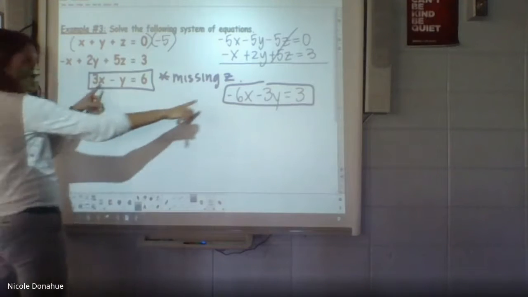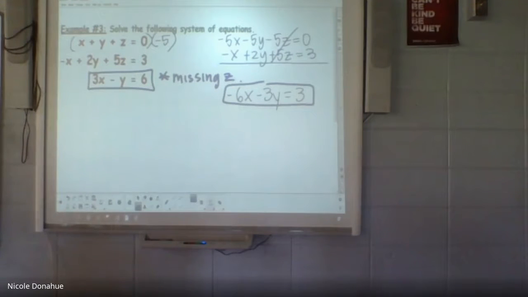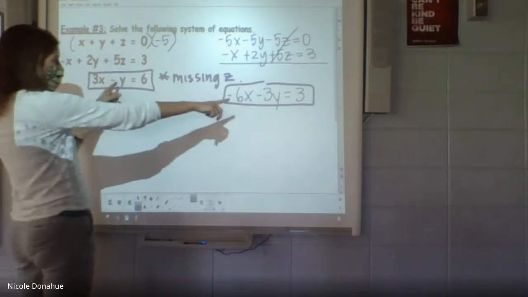Any thoughts on how we can make these 2 come together and do something good here? I don't think you need a negative. What did you want to multiply by? By 2. So we can choose now to either get rid of the x or the y.